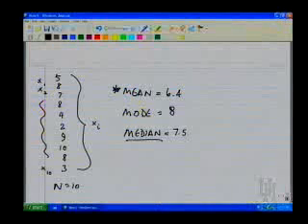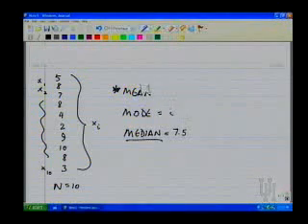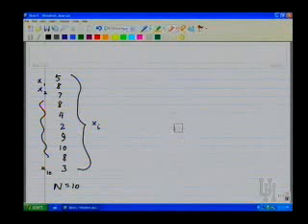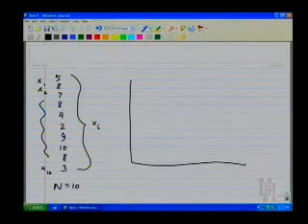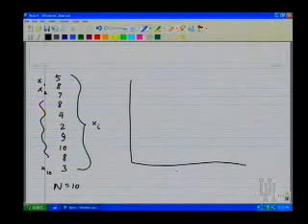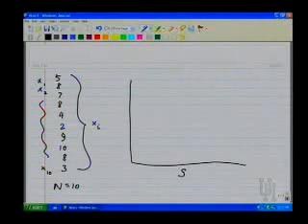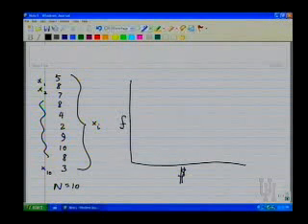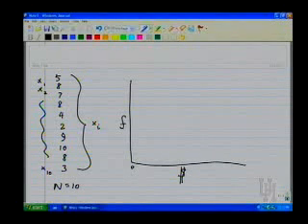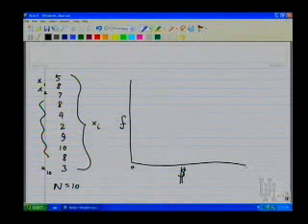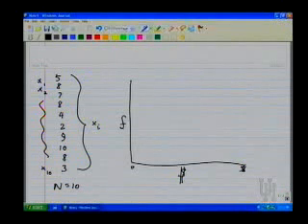The problem with income data is precisely what you've indicated. If you were to plot the distribution, here is dollars, and here is the frequency with which families earn those dollars, going from $0 up to some great number of dollars.